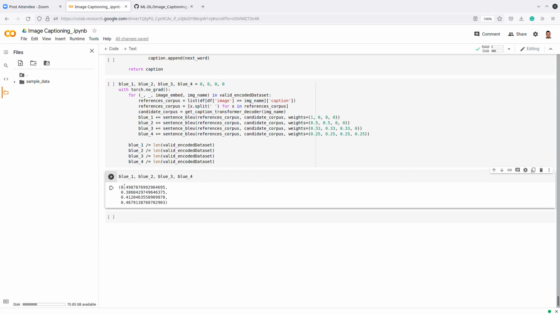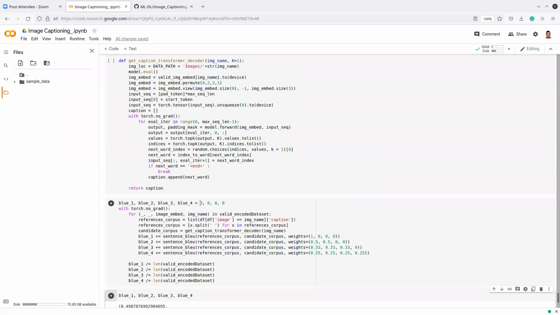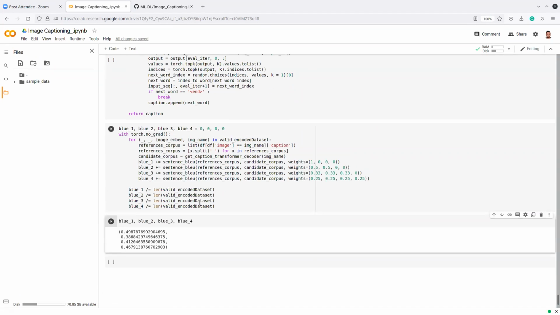I think it means that our model generates more accurate sentences in general, but sometimes it uses less accurate words. And that was my work. Any questions?